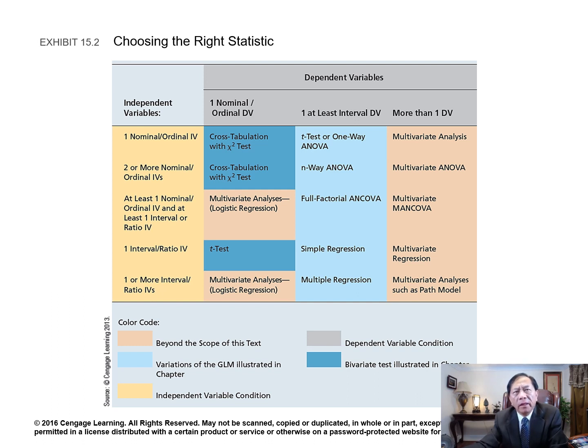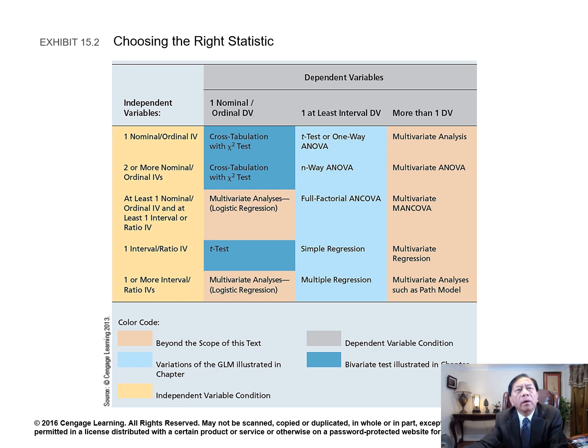If you have more than one dependent variable, you can do multivariate analysis or MANOVA. If you have at least one nominal or ordinal independent variable and at least one interval or ratio independent variable, you can do multivariate analysis.